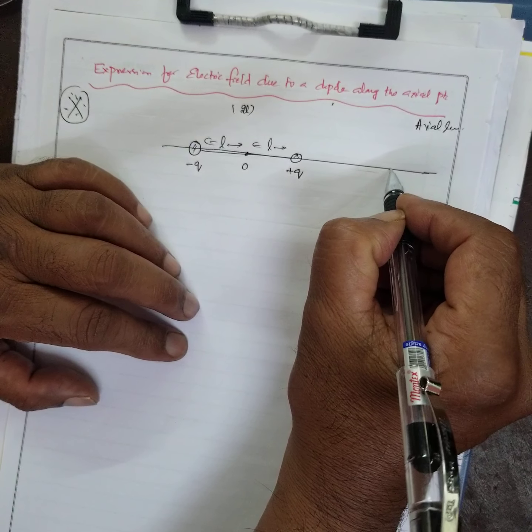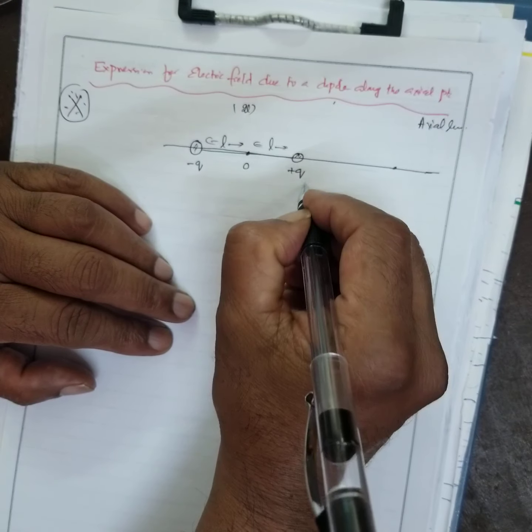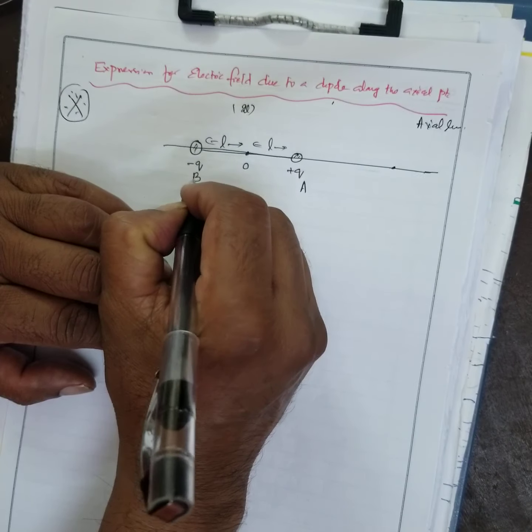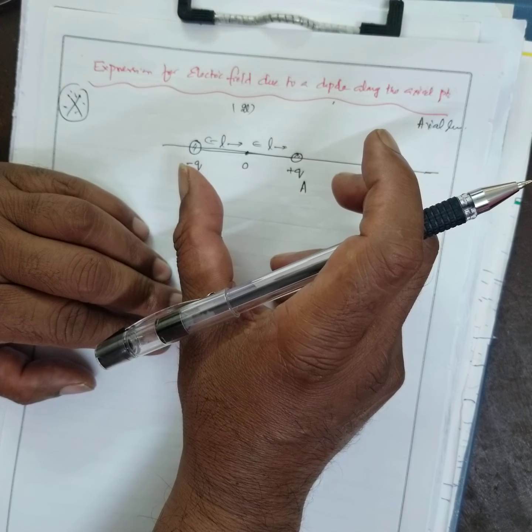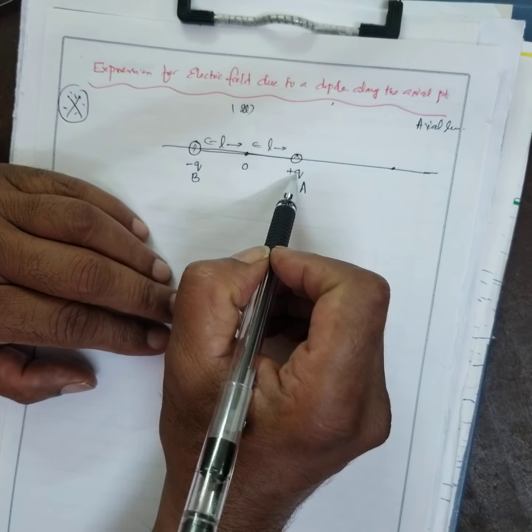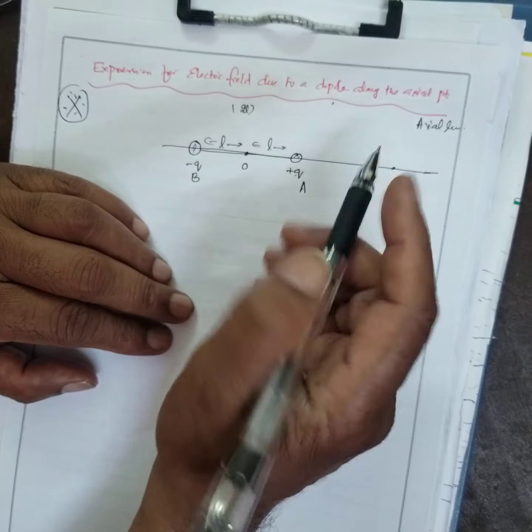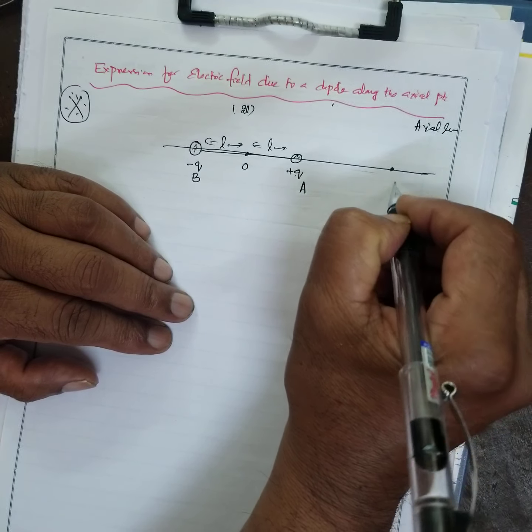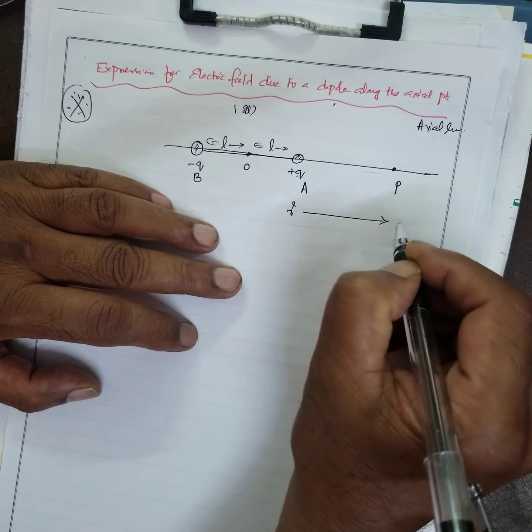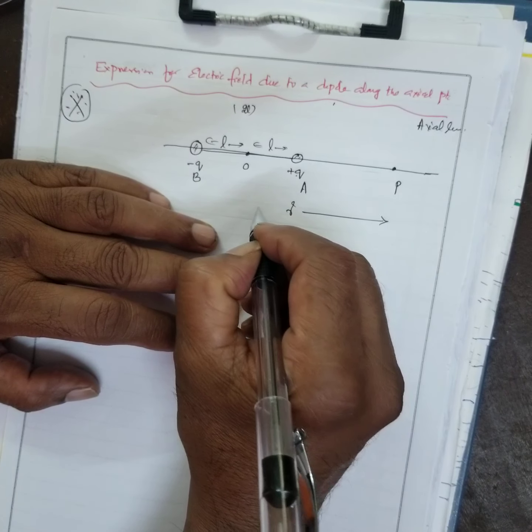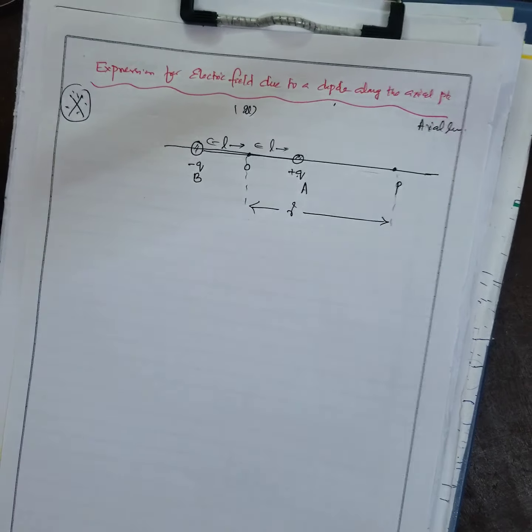Consider a dipole AB producing an electric field, and let P be some point at a distance of R from the center of the dipole. O is the center of the dipole.